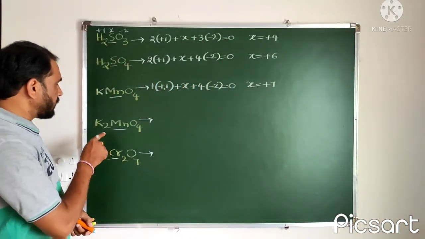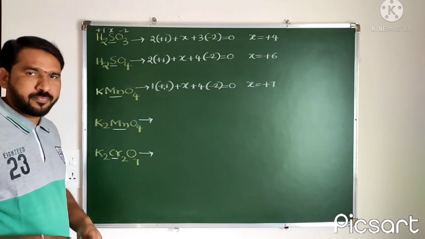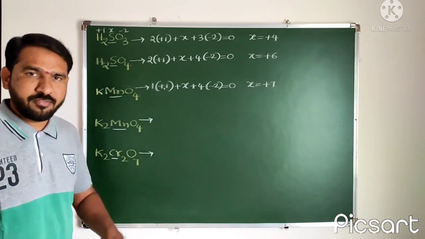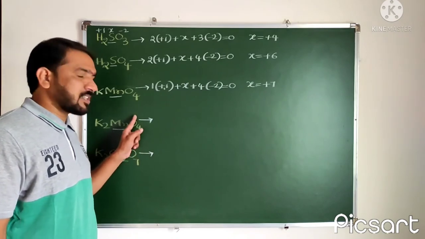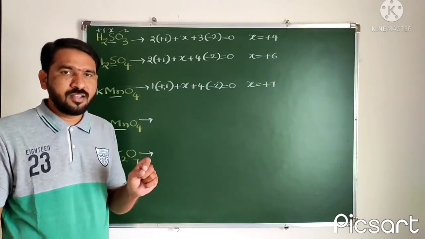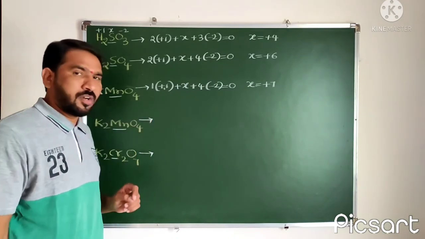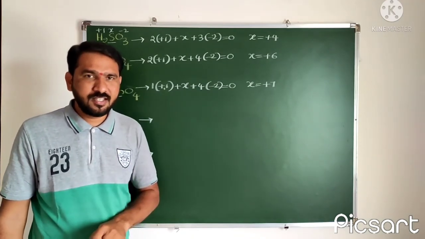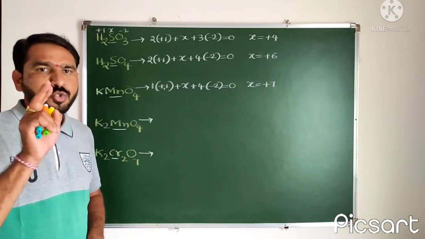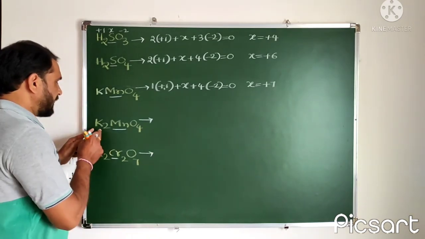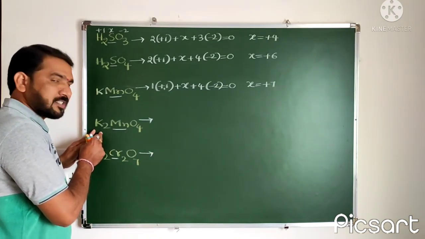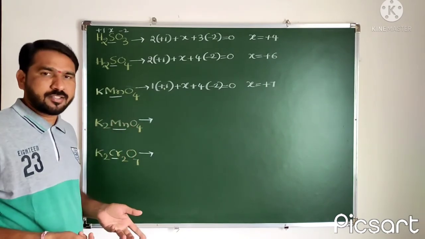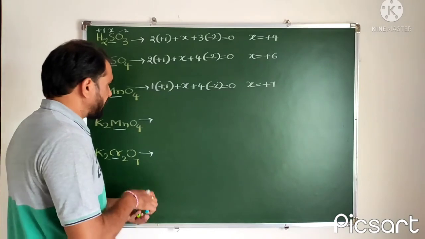Okay. Then coming to K2MnO4. Simple method. First of all, the simple method without using pen, paper and formula. -2 is the general oxidation state of oxygen into number of oxygens 4, -8. Therefore +8. Among +8, 2 plus charges are deducted by 2 K+ ions, remaining +6. That is the oxidation state of manganese. Let me use the formula.